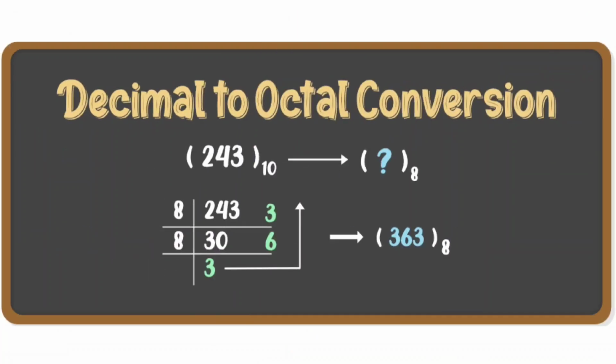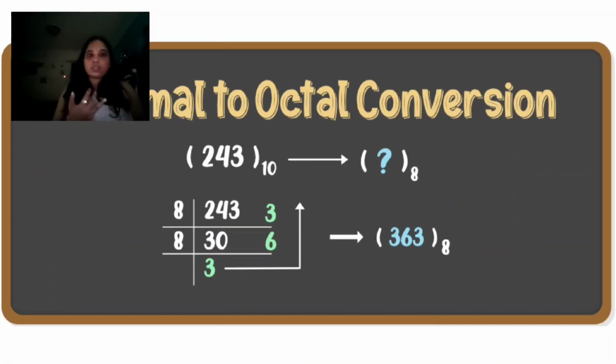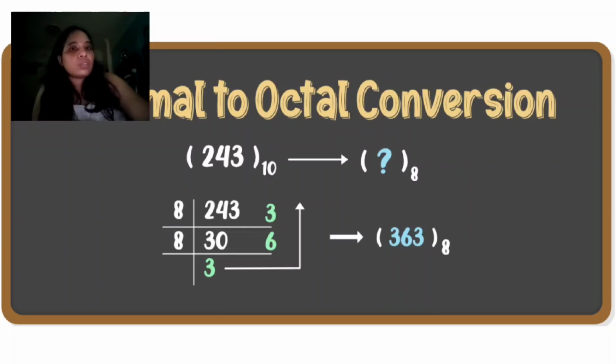Next one is decimal to octal conversion. First we saw decimal to binary conversion, and now decimal to octal conversion. We can take the same number. Octal conversion means you should use base 8.